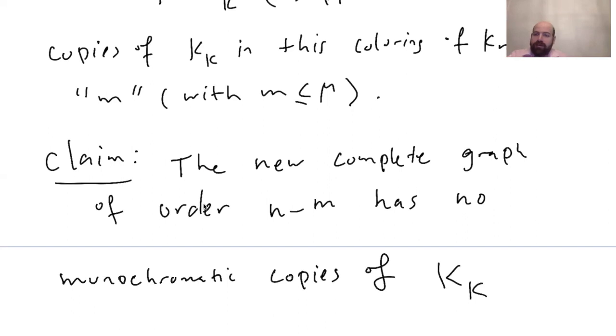This is the whole idea: to show that capital R of k, k is bigger than some number, let's say L, I have to find a red-blue coloring of KL that has no monochromatic copies of Kk.